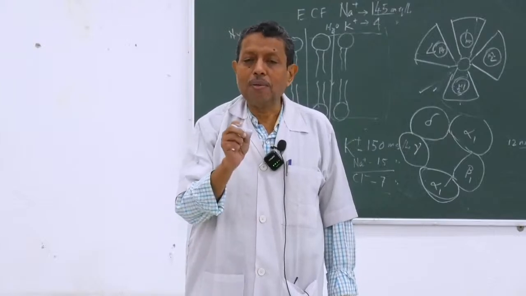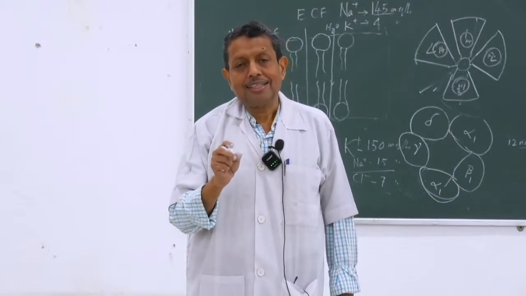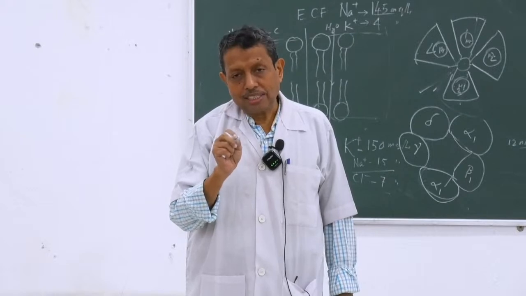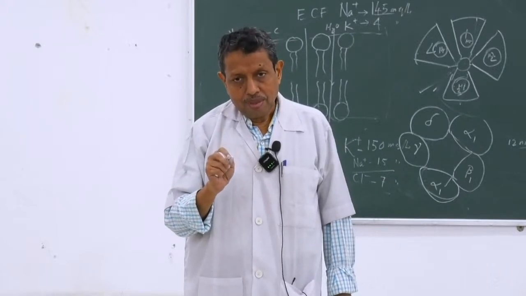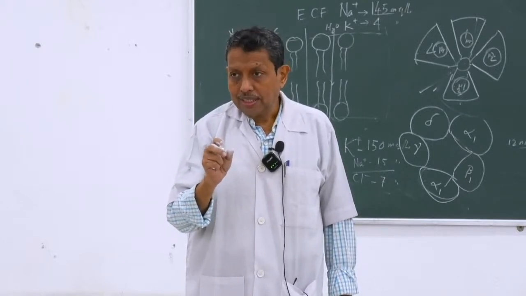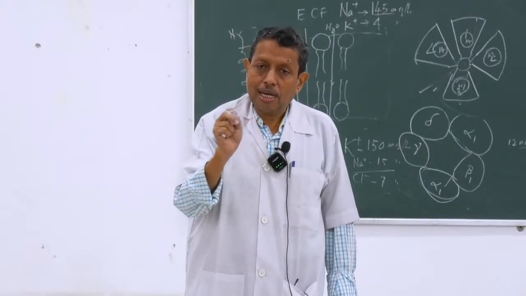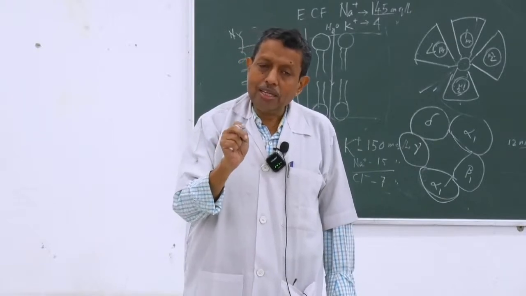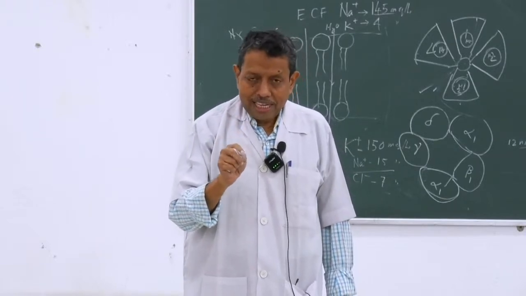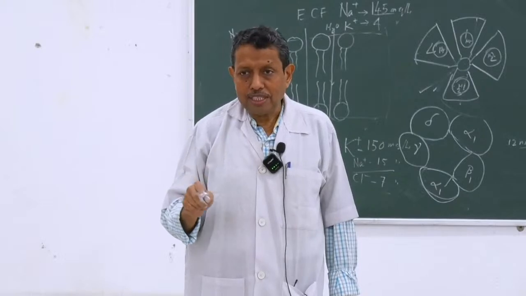Whenever they are not secreting acid, their microvillar structures are not prominent, but whenever they are secreting acid, the microvilli become prominent. Within the cells there are some vesicles, and they unite with the canaliculi to increase the surface area.